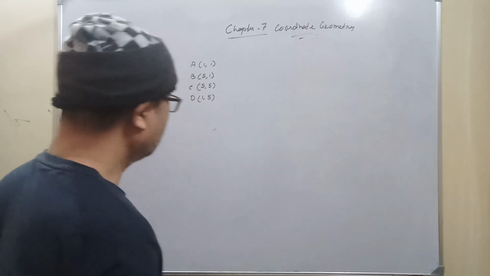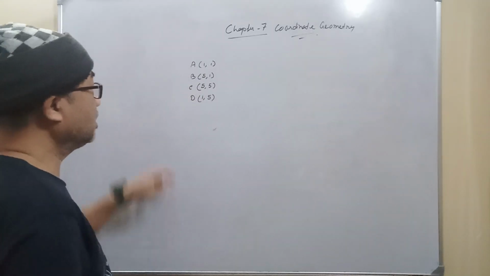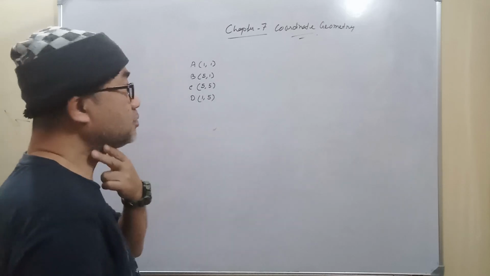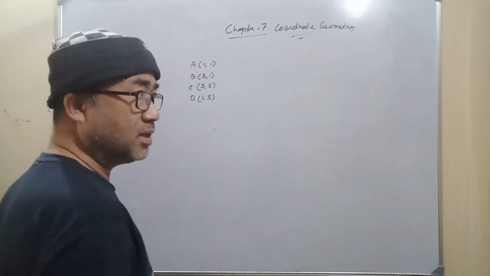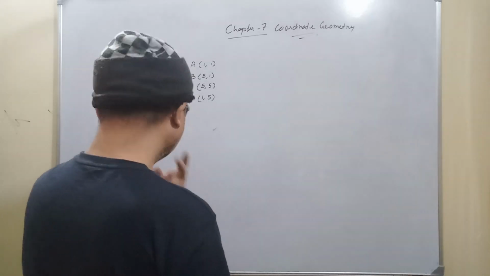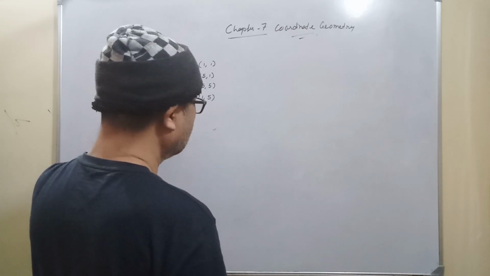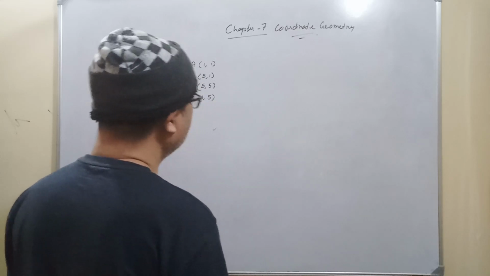So we are given 4 points. We have to prove that joining the points one after another in sequence, they form a square. So for that, we will find the distance between the points using the distance formula.